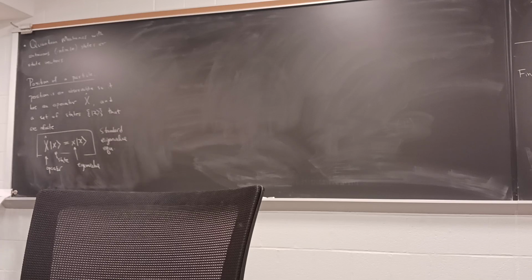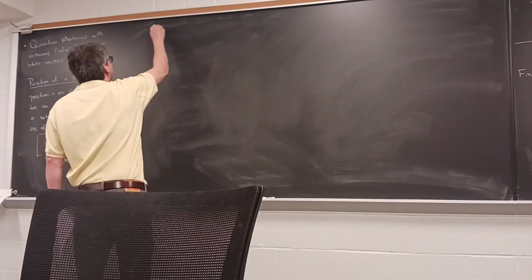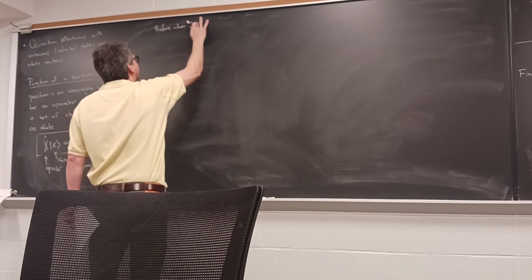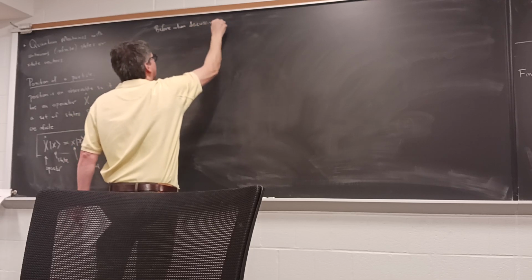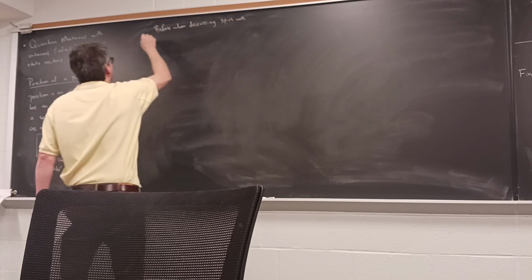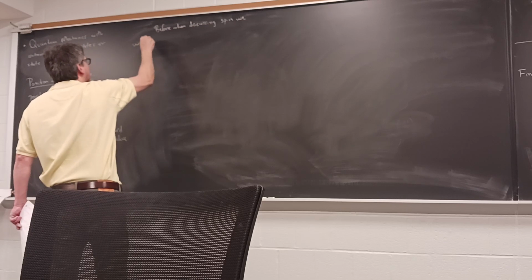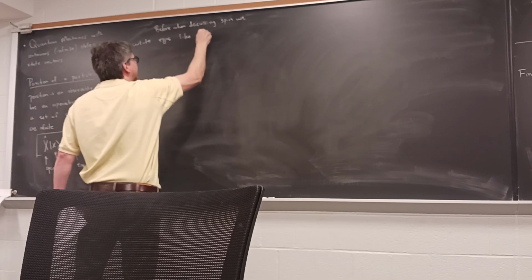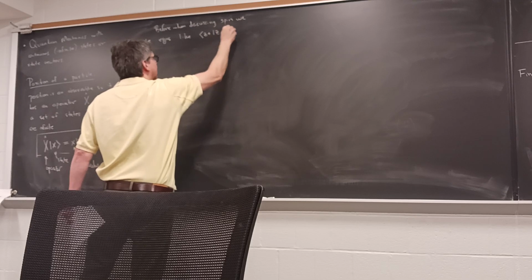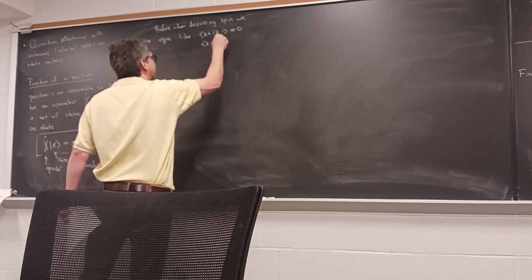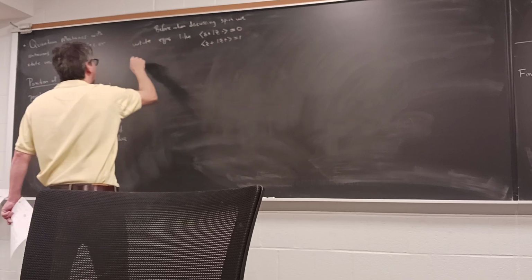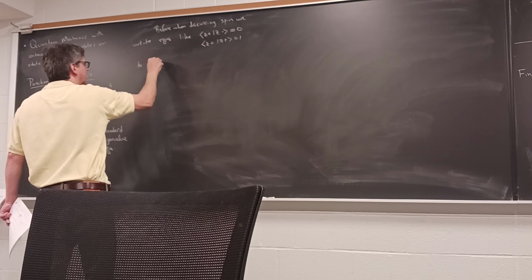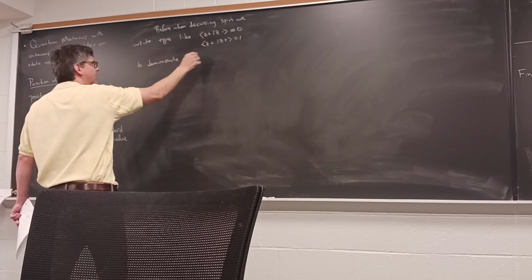Okay, so now, when we were discussing spin, we wrote equations like <z+|z-> = 0, and <z+|z+> = 1, to demonstrate the orthogonality.